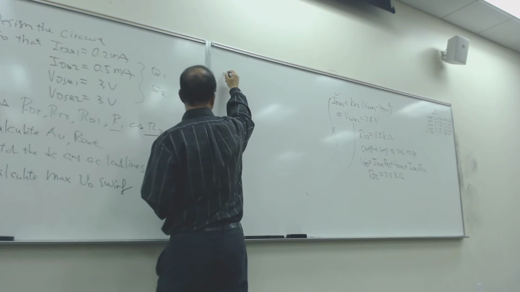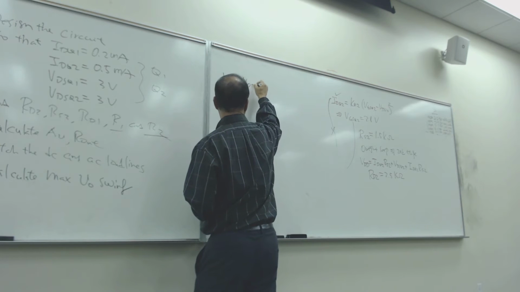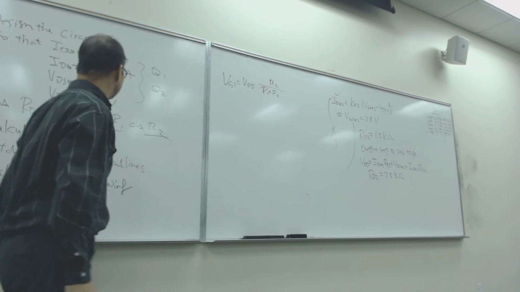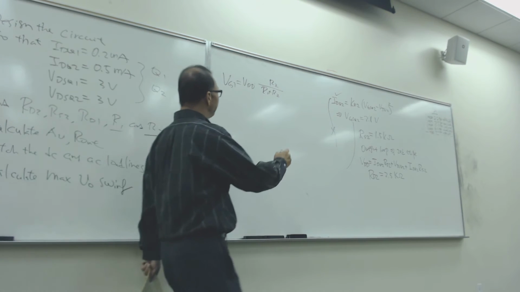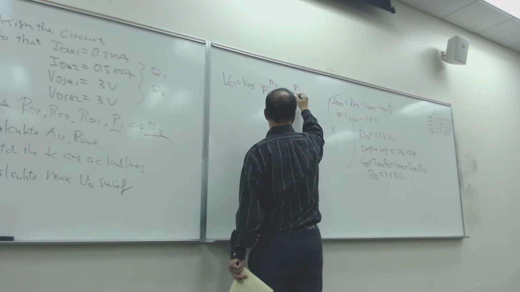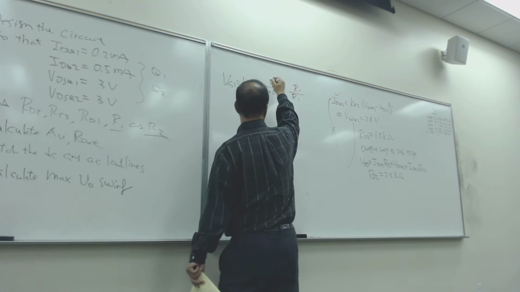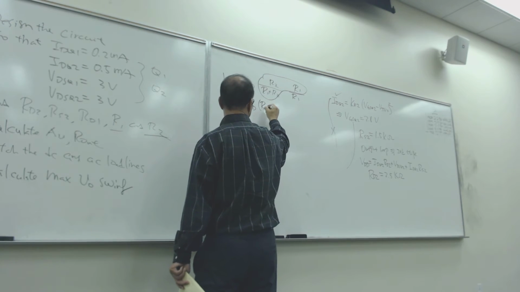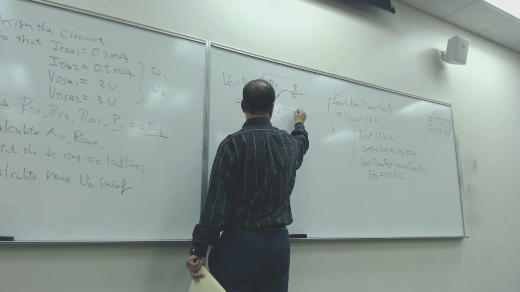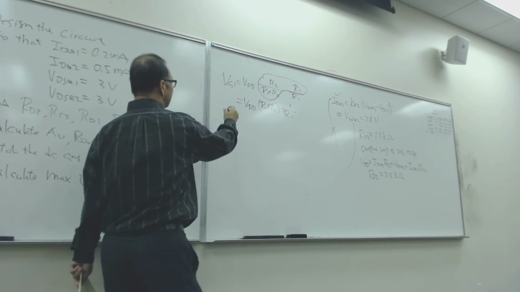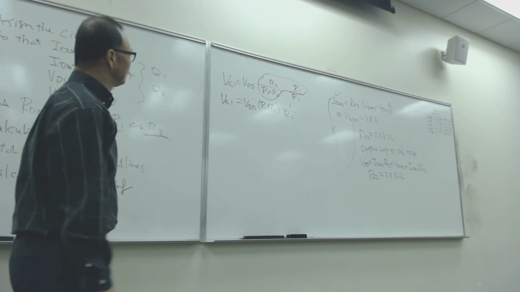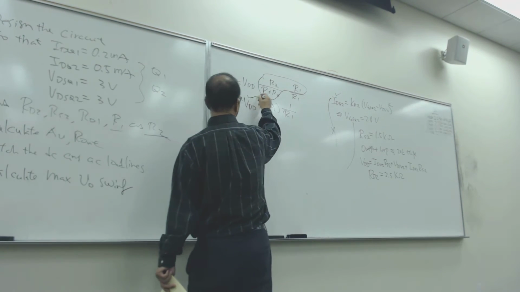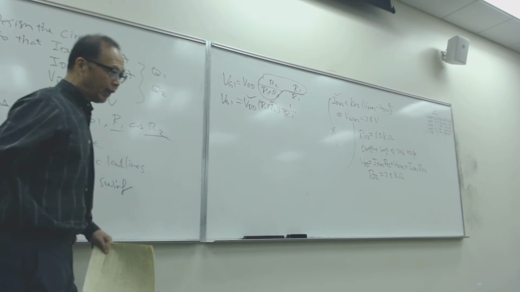So according to the formula, VG1 is equal to VDD times R2 over R1 plus R2. Then you multiply R1 on the top and on the bottom. So this will give you the parallel of the two, yes? So VG1. This is known. This is known. Now I need to find VG1.